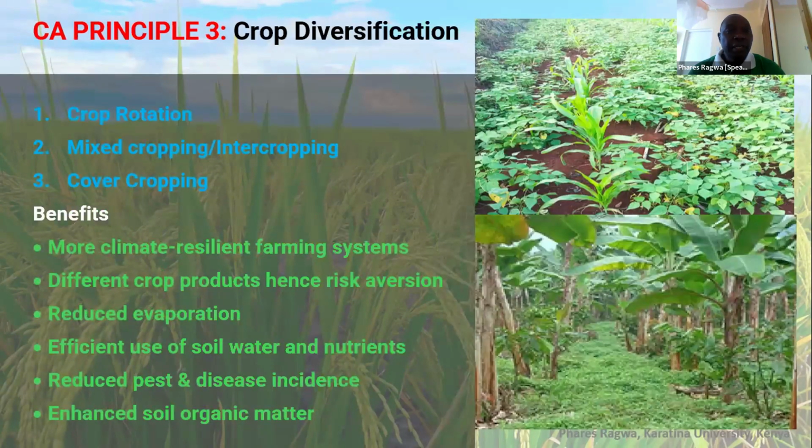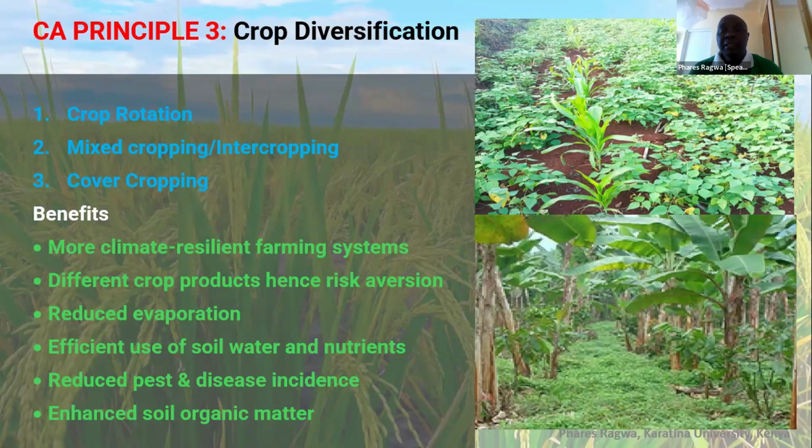Then we look at the third principle, which is crop diversification, meaning that we have many different species of crops on the same piece of land. The photograph on the top is mine.